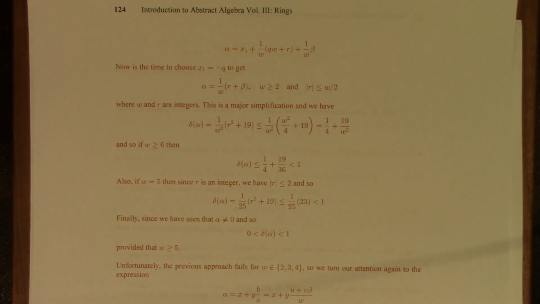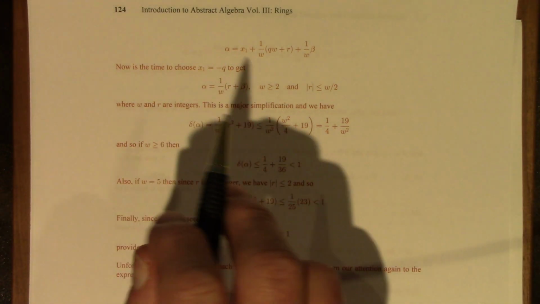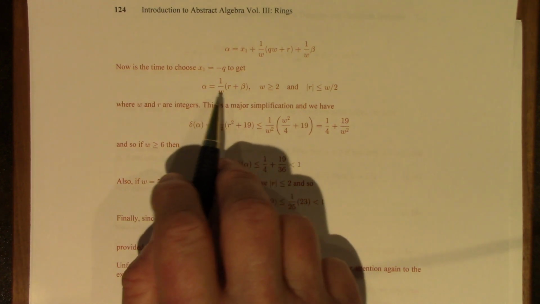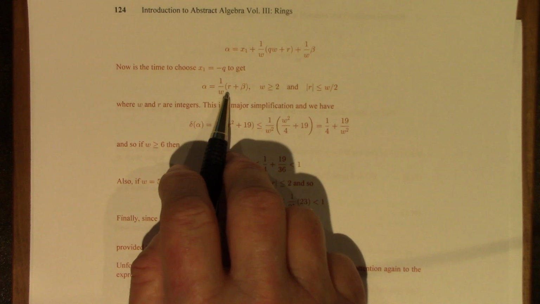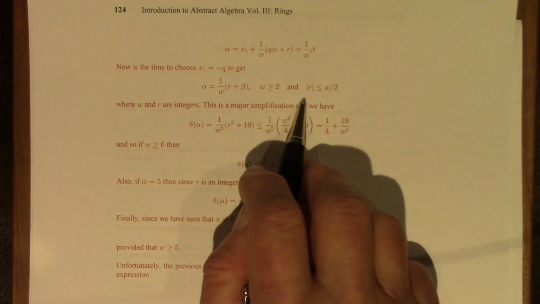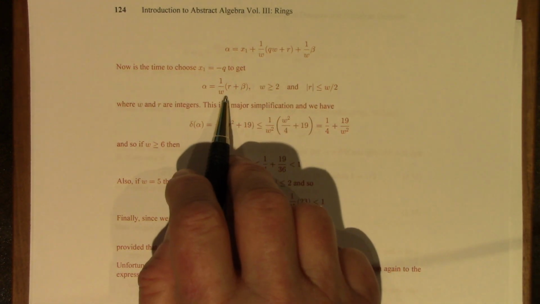Now is the time to choose x1. Choose it to be negative q, and we get this beautiful simplification. Alpha equals 1 over w quantity r plus beta. w is bigger than or equal to 2, absolute r less than or equal to w over 2. r and w are integers.